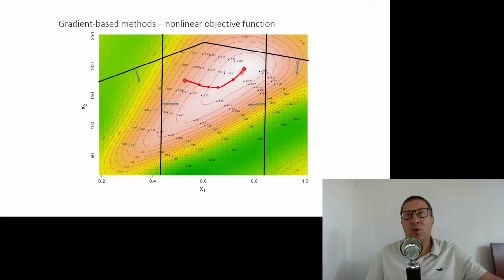And by following the gradient, we reach the optimal solution. Of course, if we take too small steps, we will look for this optimal solution for a very long time, or our steps can be too big, and we can jump over the optimal solution and be somewhere here. So the size of this step is also important. It doesn't have to be constant. There are methods where the size of this step changes.